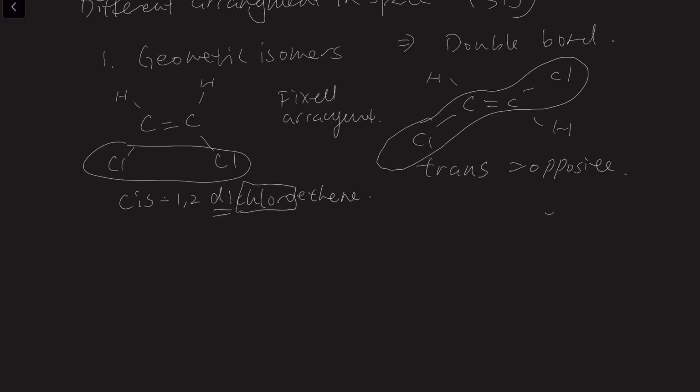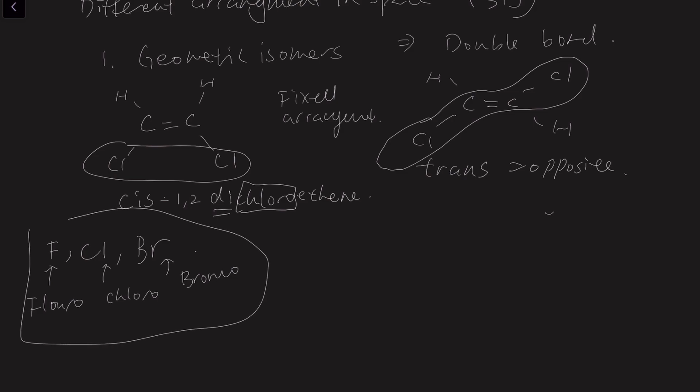So whenever you have halogens, so whenever you have something like fluorine, chlorine, bromine, in the case of fluorine, it's called fluoro. Chlorine is called chloro. Bromine is called bromo. So that's some of the naming convention you need to remember.